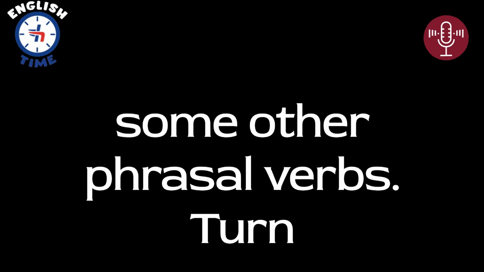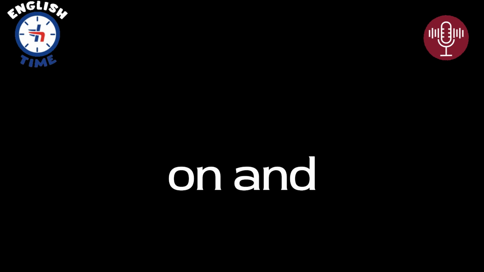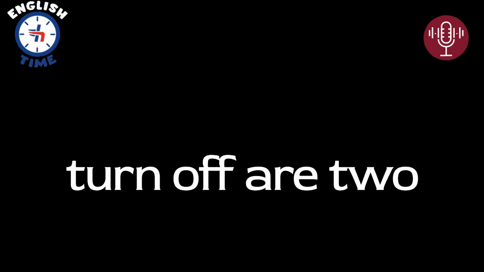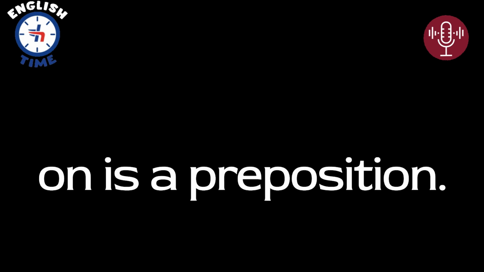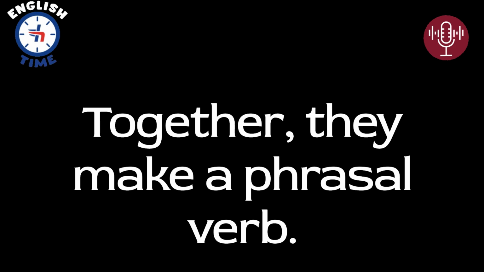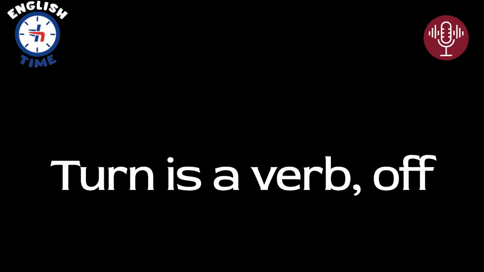Let's look at some other phrasal verbs. Turn on and turn off are two phrasal verbs. Turn is a verb. On is a preposition. Together, they make a phrasal verb. Turn is a verb.